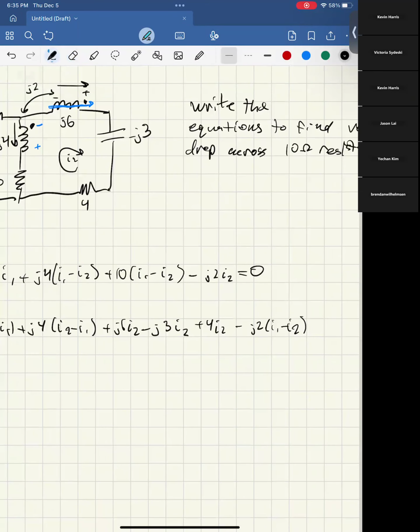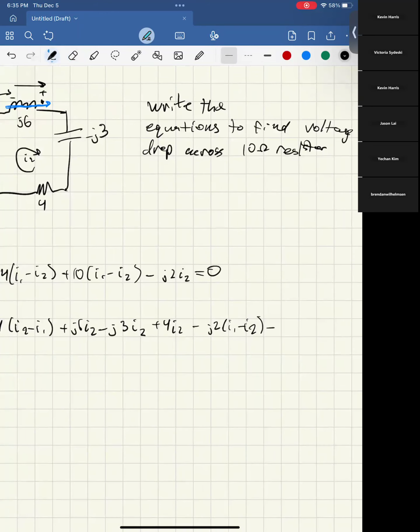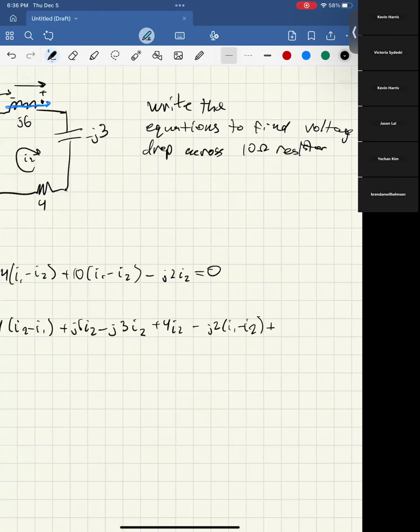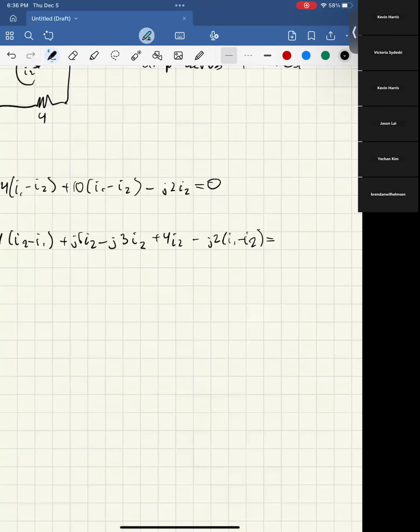Because this would be the impact of the other loop with the mutual inductance. And then we'd have one more term, actually, which is going to be the impact of this loop on the mutual inductance, I think. Wait, that doesn't make any sense. I think this answer key is just wrong. Yeah, I'm going to decide this answer key is wrong and say that that equals 0.